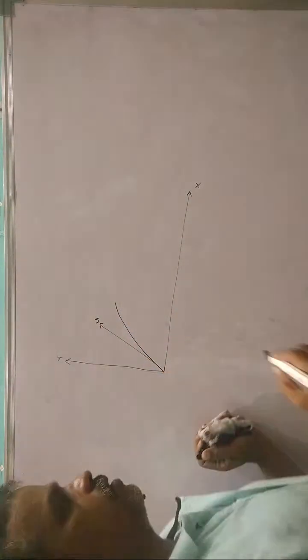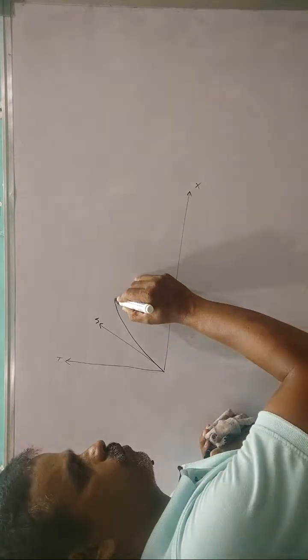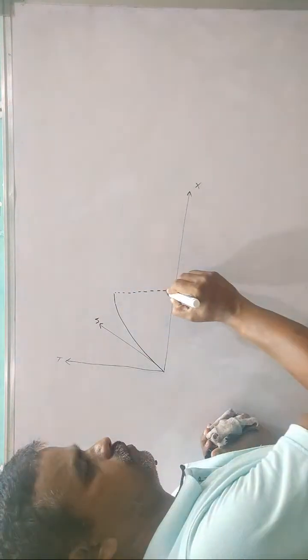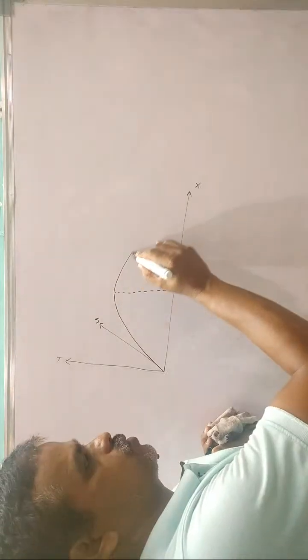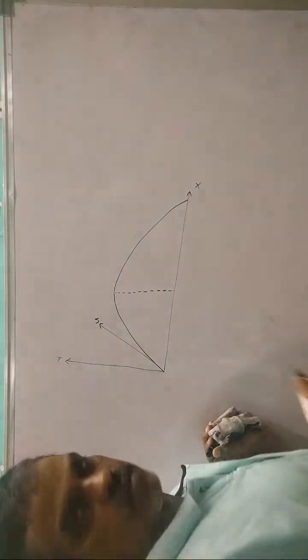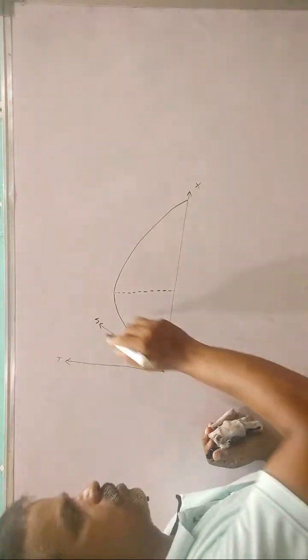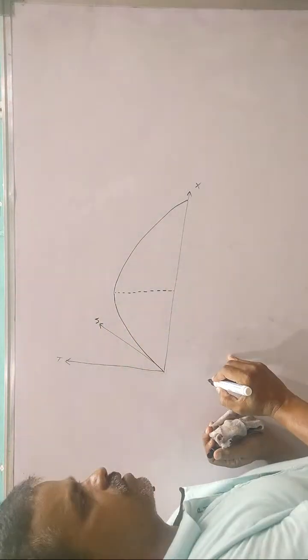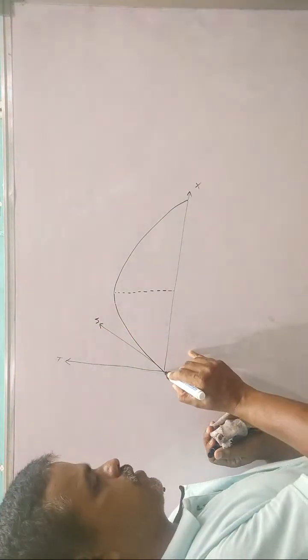The body goes to some maximum height, then goes down to the earth. So this is the initial velocity, and this is the point of projection.